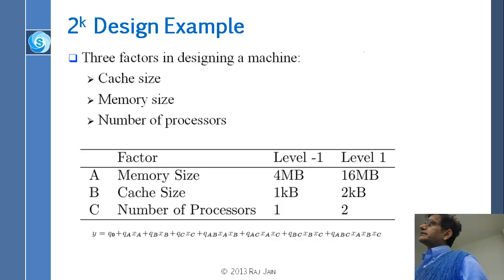So 3 factors. Now the model would be y equal to q naught plus qa xa plus qb xb plus qc xc. So there are 3 main effects. Then qab xa xb, qac xa xc, qbc xb xc. So there are 3 interactions, 2 factor interactions.